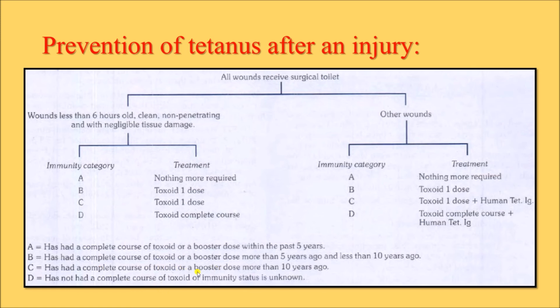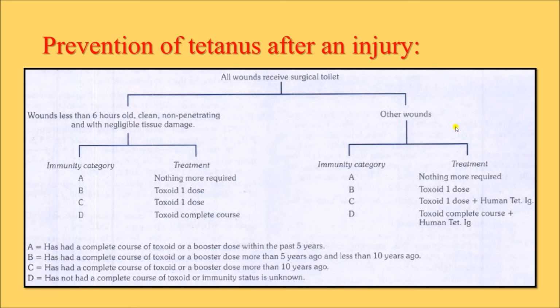Similarly, if he received booster dose or maybe a complete dose 10 years back or even earlier, then he will need a single dose. But if he does not have any recollection of previous immunization, or maybe he took the immunization but he did not complete the course, in that case he should receive both the doses of tetanus toxoid, that is toxoid complete course.